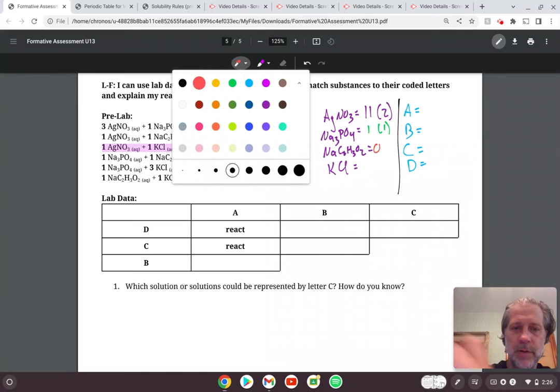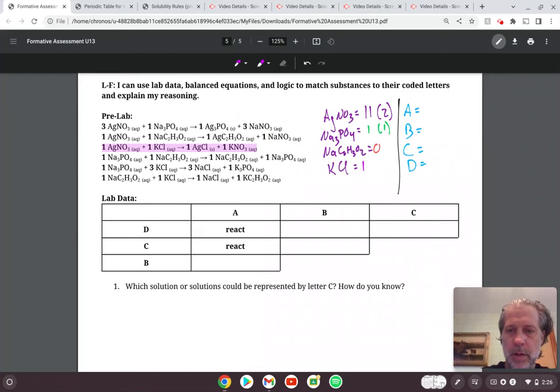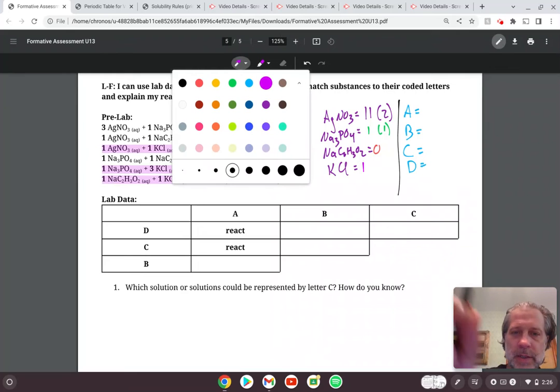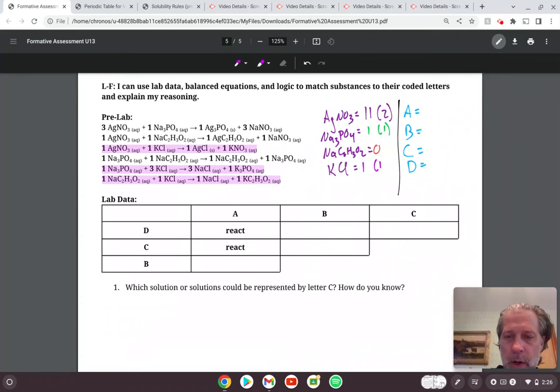So that one is going to be a hash mark of 1. The next time I see it in a reaction is with Na3PO4, and it does not react there. And then with sodium acetate, NaC2H3O2, there's also no reaction. So the KCl only reacted 1 time.